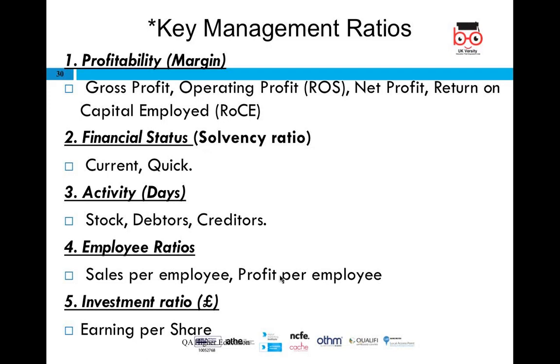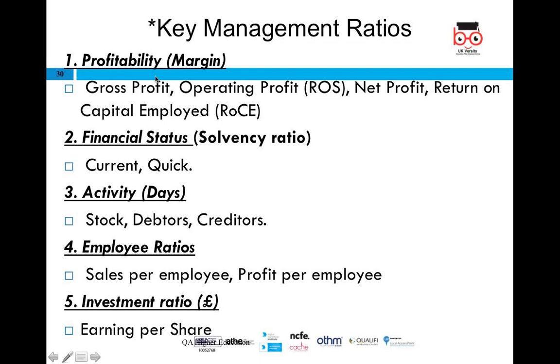Normally ratio analysis is done by management accountants, for internal performance and external performance. But if somebody wants to see a company's position, published accounts are available on the website if it is a public limited company, and they can calculate this kind of ratio analysis themselves.